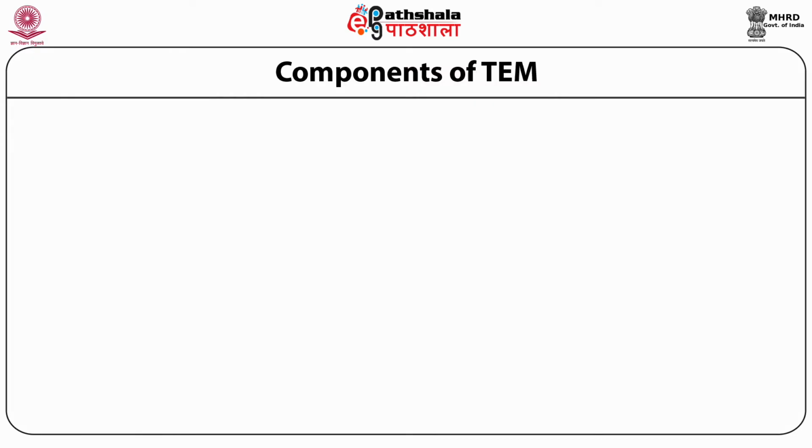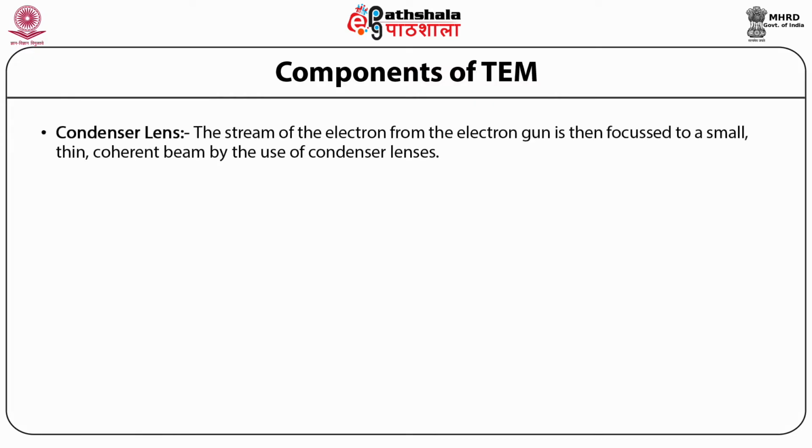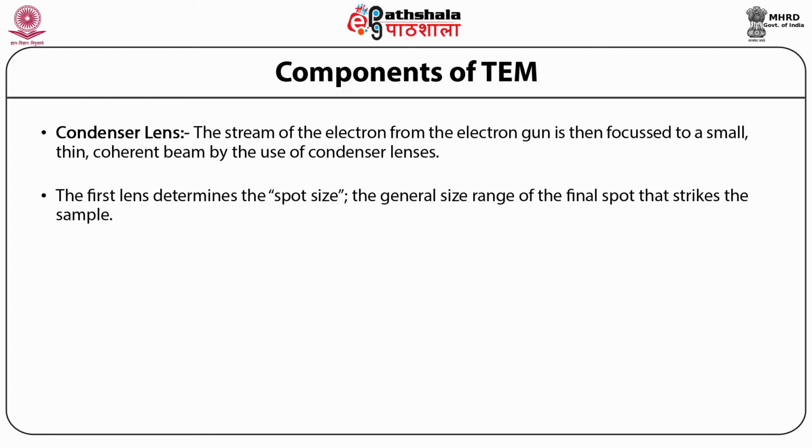The next one is the condenser lens. The stream of the electron from the electron gun is then focused to a small, thin, coherent beam by the use of condenser lenses. The first lens determines the spot size, the general size range of the final spot that strikes the sample.